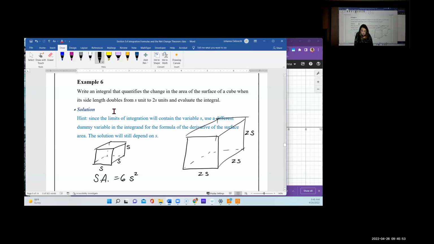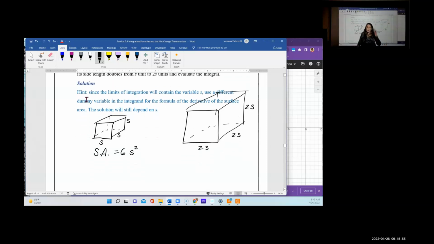Now we want to take the derivative of that in order to have an integrand. So we're integrating the derivative of that. So we take the derivative of surface area with respect to S, which gives us 12S. Now we want to write our integral, but the problem is the change in the side length is not a number.